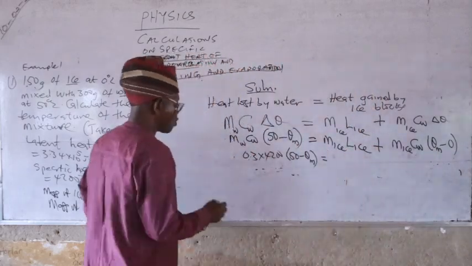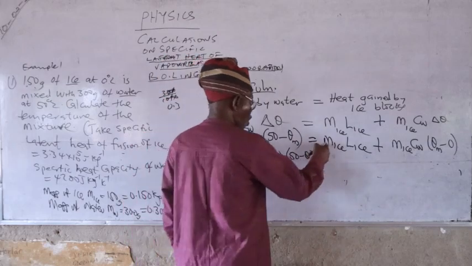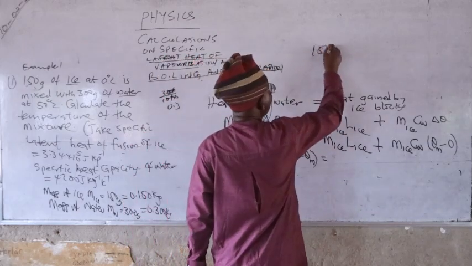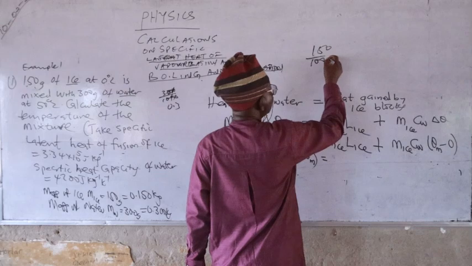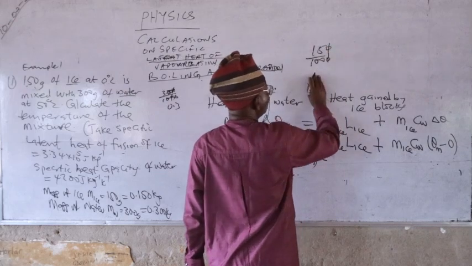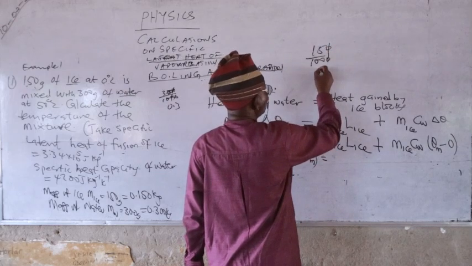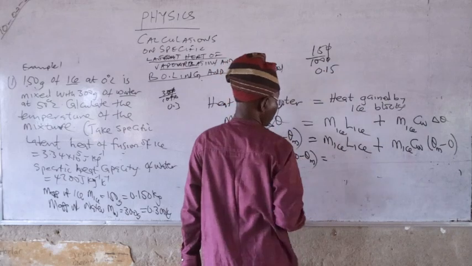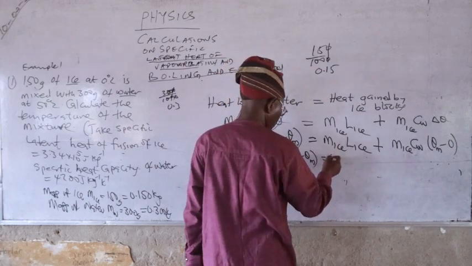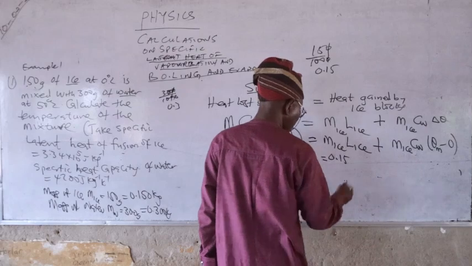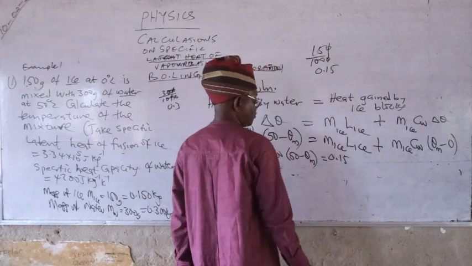This one will now give us the mass of this as 150 all over 1000. Then this cancels this. Then if it cancels, you have 0.15. And this will give you 0.15. Even if you put 0 here, it still makes the same.